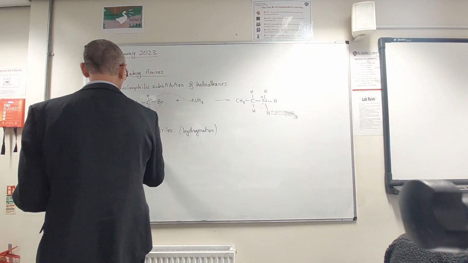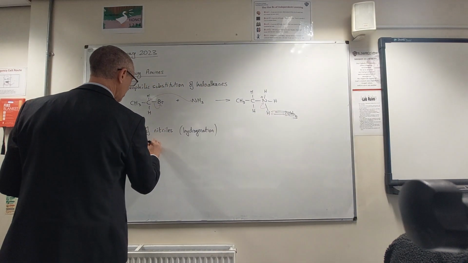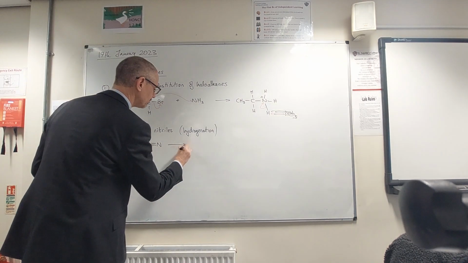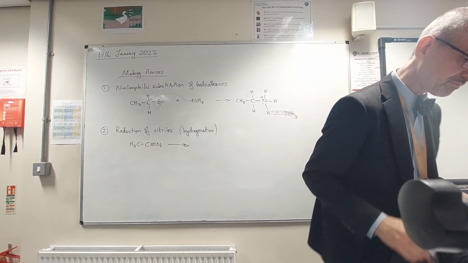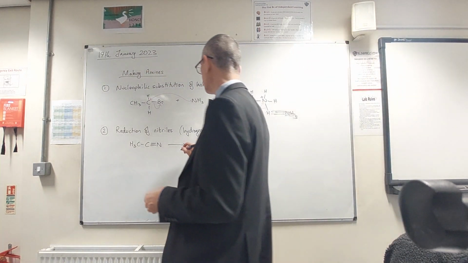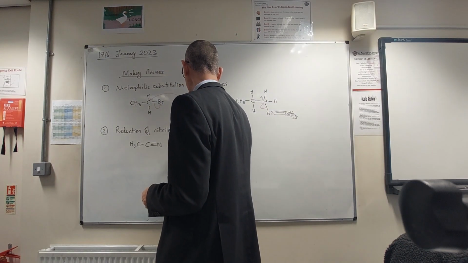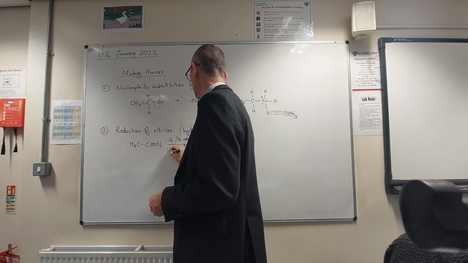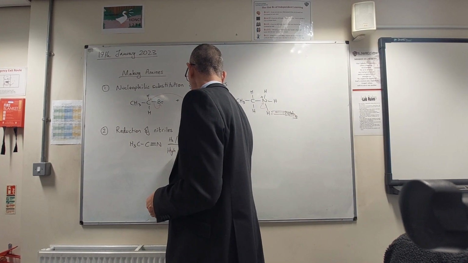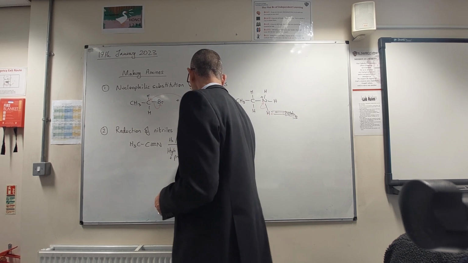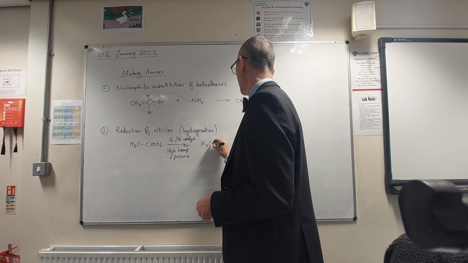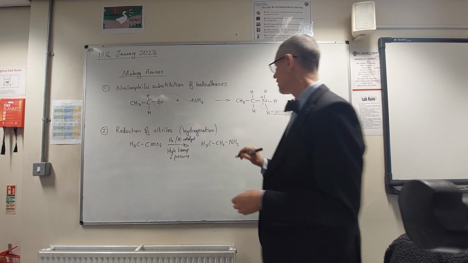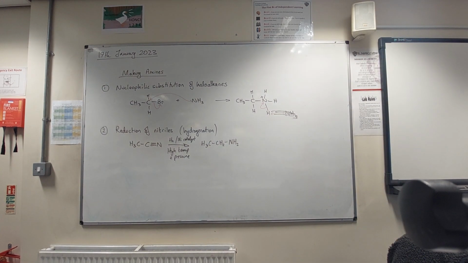We can also hydrogenate the triple bond that is the nitrile, which we do with hydrogen and a nickel catalyst and high temperature and pressure. And all that does really is put lots of hydrogens on the molecule there.